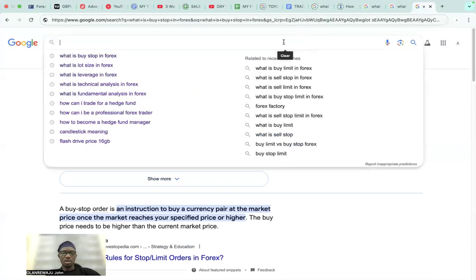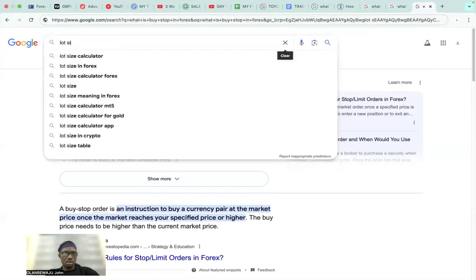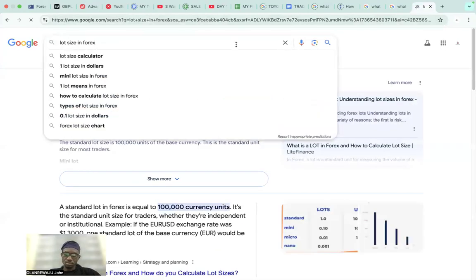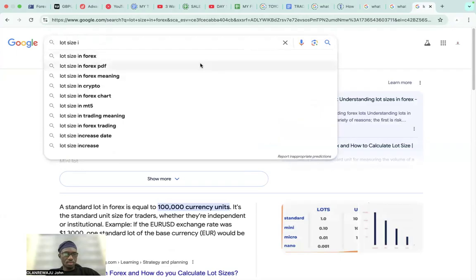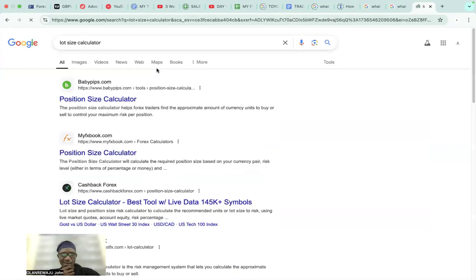Also, position size calculator. So let's check.